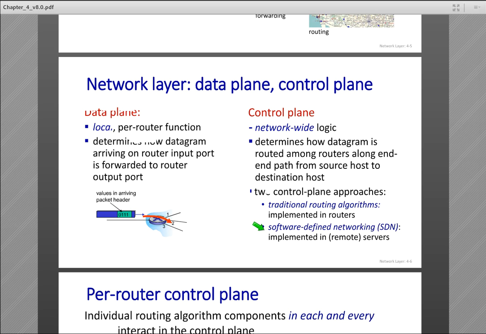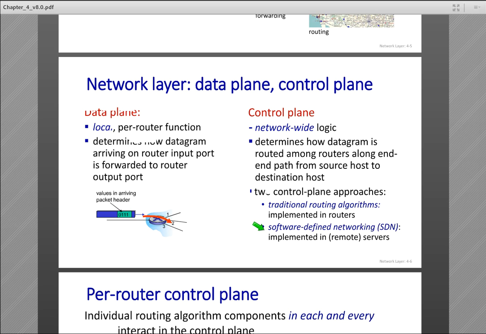In traditional routing algorithms, a routing protocol is started on each of the routers individually. Each router runs its own routing protocols to find the paths around the network.